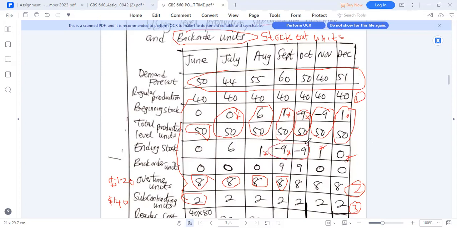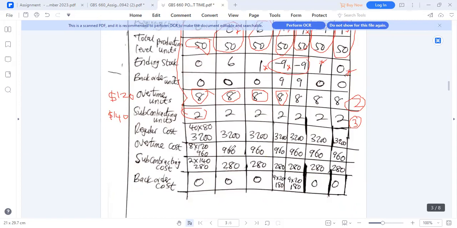So what this entails is that we now need to calculate the regular cost, 40 multiplied by 80 units. We are getting these ones. These are our regular production costs. Of course, overtime was constant. It was 8 units by 120.